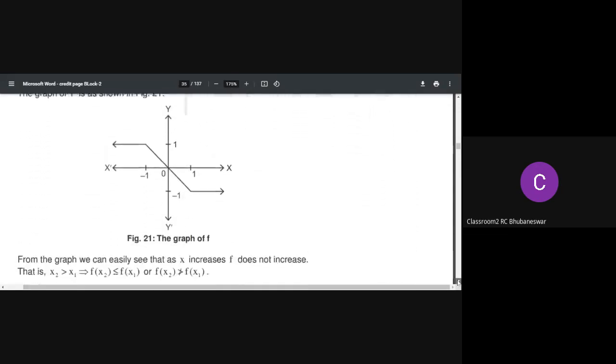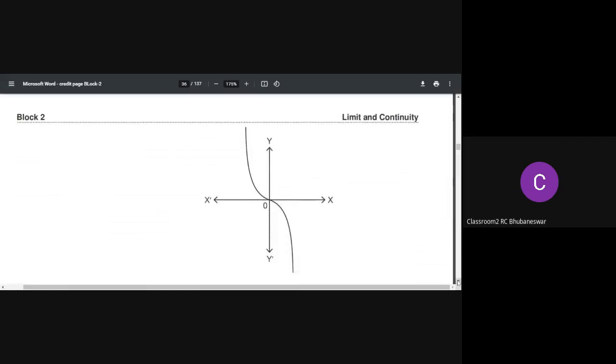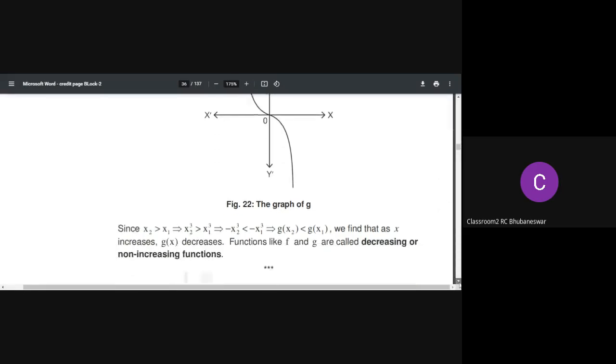Now, we'll discuss the definition of increasing and decreasing function with the help of this graph. So clearly in this graph, it is clear that the function is a decreasing function. Here is the graph of g, drawn over the function x cube, and according to the definition we have taken a pair of elements x1 and x2, and clearly x2 is greater than x1.